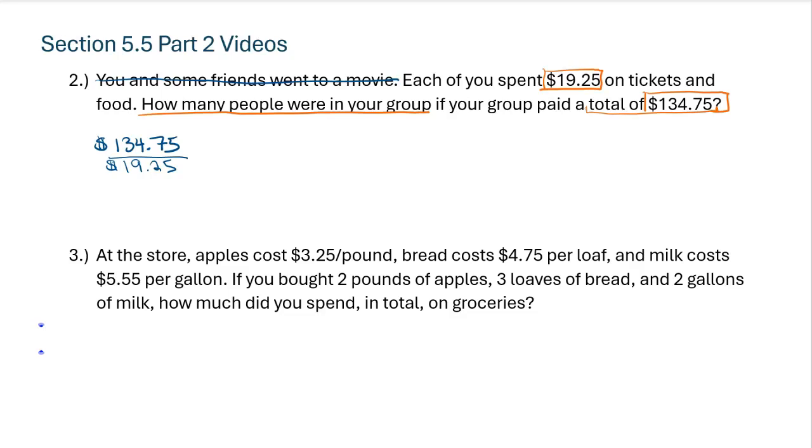The number of times I add it together is the number of people that paid it. All right, so when I run this calculation, I get 7, which means 7 people were in the group.